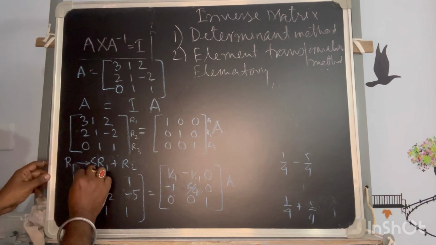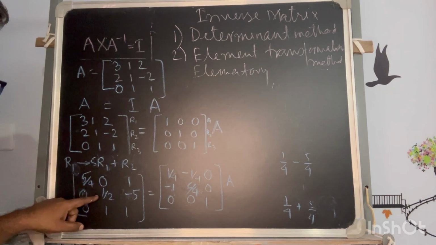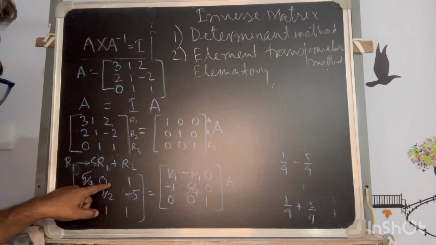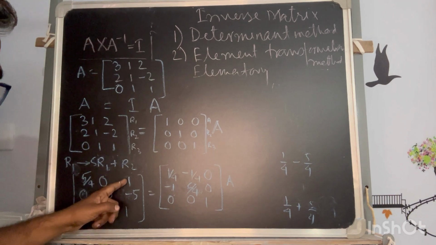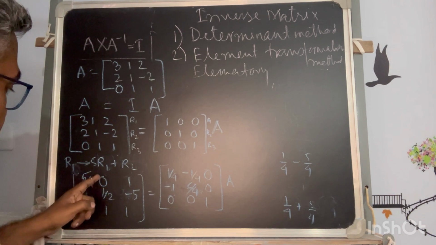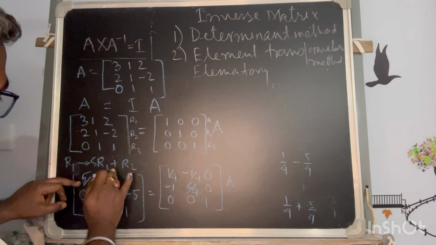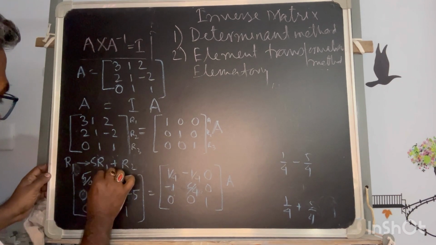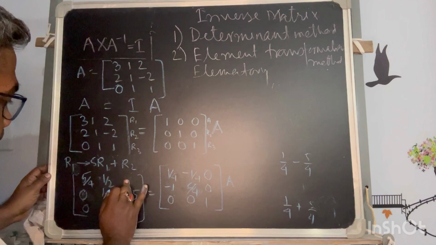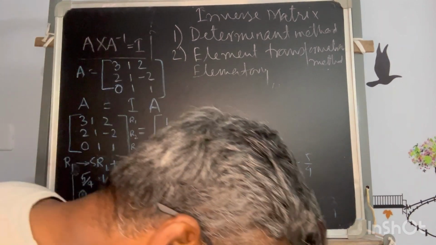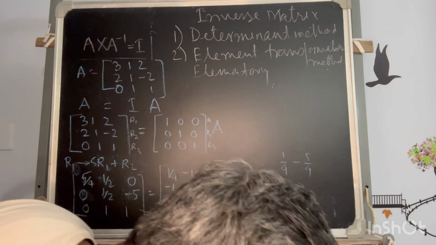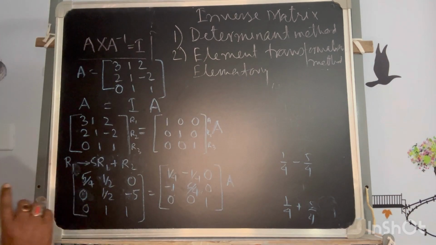If I multiply with 5 there, it won't change. This is 5 I am multiplying with R1, so 5R1, and I am adding this. So this R2, this will become half. This will become 0, and this will be the change.